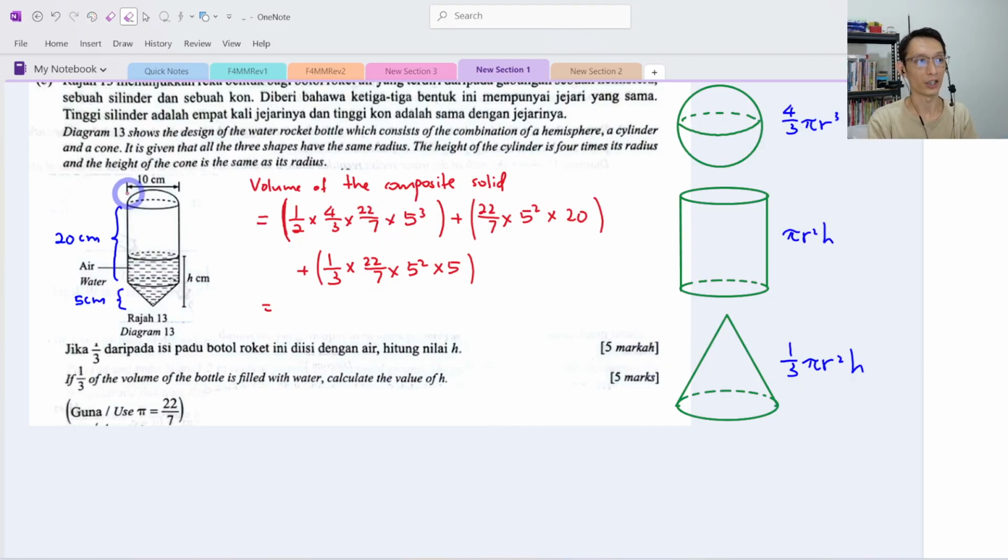Okay, so we just press our calculator. We should be able to get the total volume of this entire composite solid. 1 over 2 times 4 over 3 pi r cubed. Okay, this one you will get 5500 over 21. How about this one?